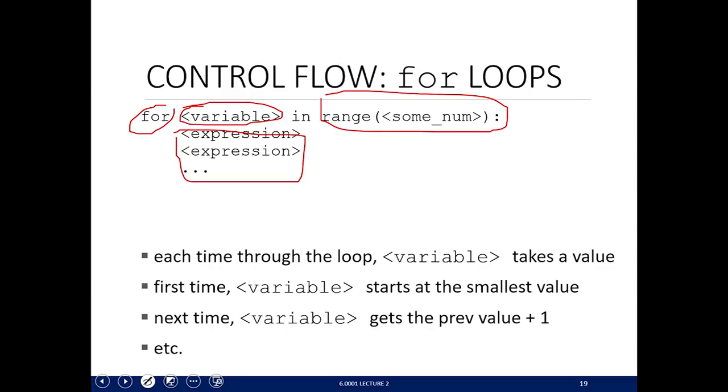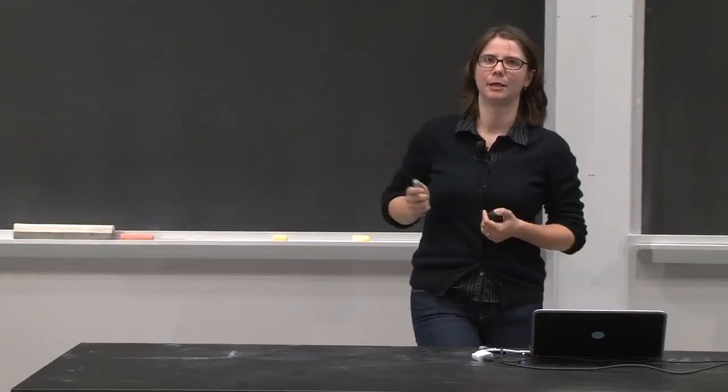So when you're using range some number, you start out with variable getting the value 0. With variable having value 0, you're going to execute all of these expressions. After all the expressions in the code block are done, you're going to go on to the next value. So 1. You're going to execute all these expressions with the variable being value 1, and then so on until you go to some num minus 1.